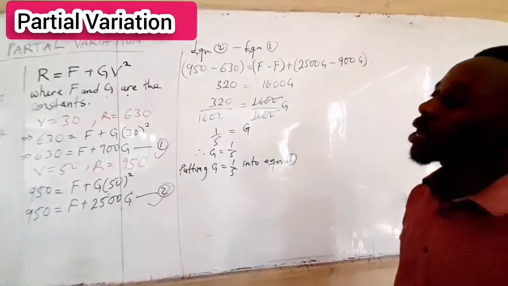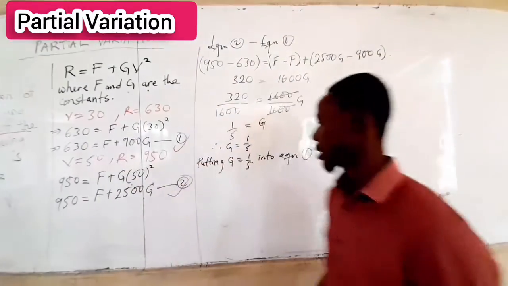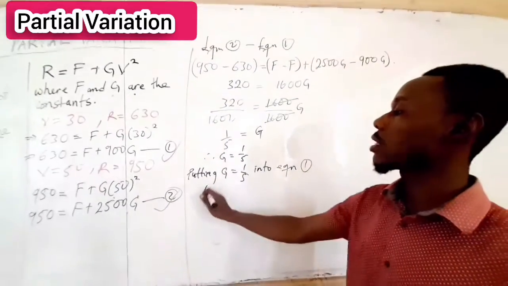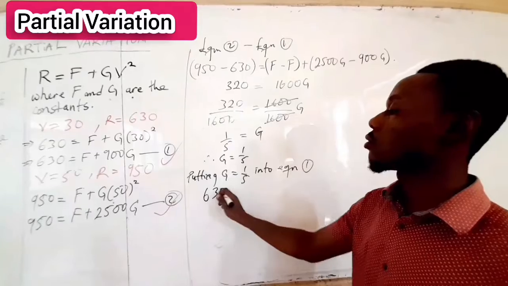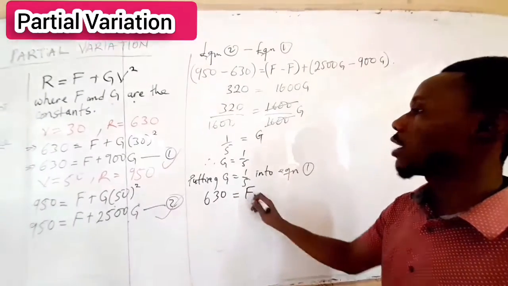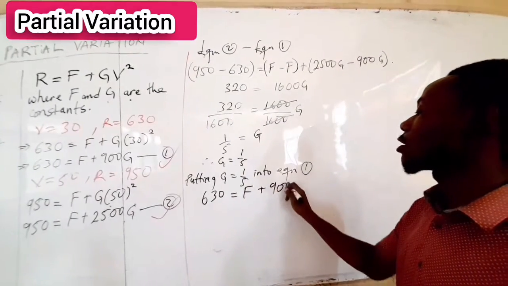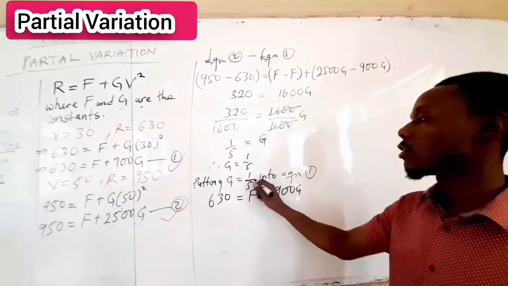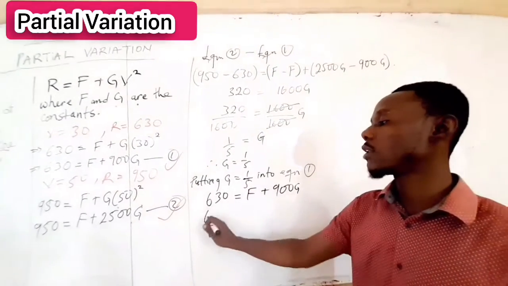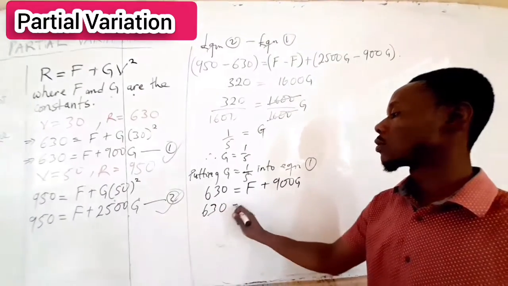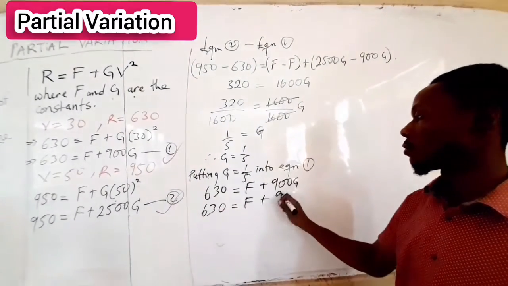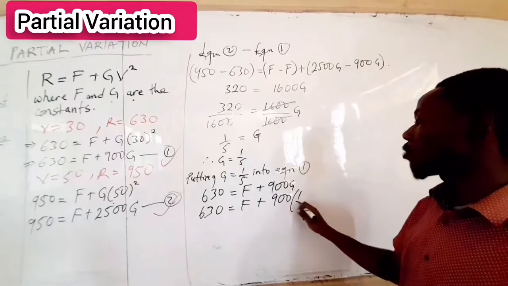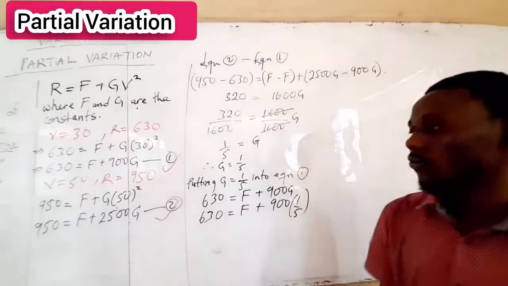And our equation 1 is 630 equal to F plus 900 G. And our G is 1 out of 5. So we put 1 out of 5 in there, times 1 out of 5.